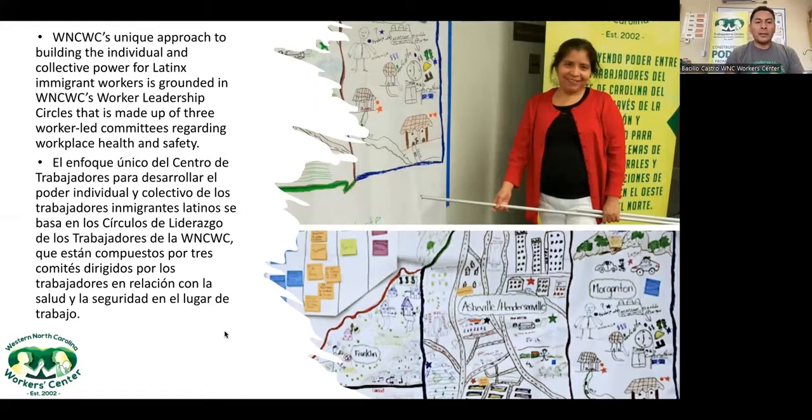The center works with workers to build individual and collective power for Latin immigrant workers, grounded in worker leadership circles made up of worker-led committees.